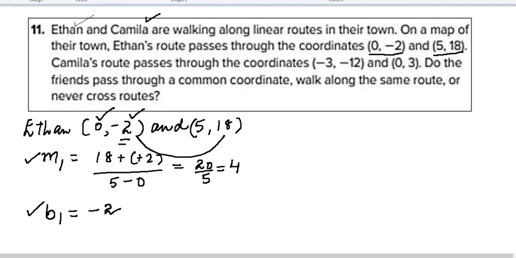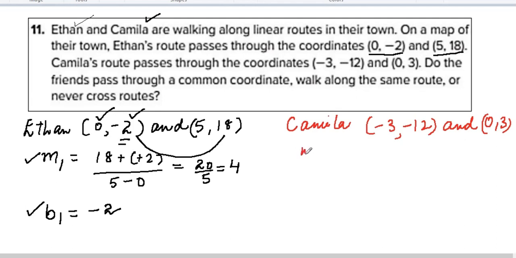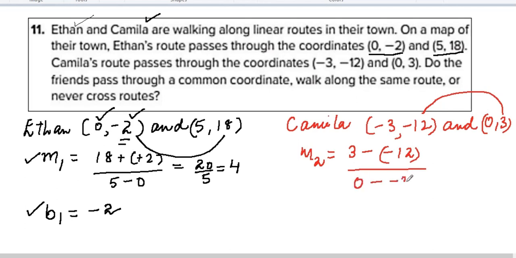Similarly, I'm going to discuss Camilla. The coordinates for Camilla given here are (-3, -12) and (0, 3). These are the two coordinates given to us. We're going to do the same thing here and find the slope for Camilla: y2 minus y1, 3 minus -12, over x2 minus x1, 0 minus -3.